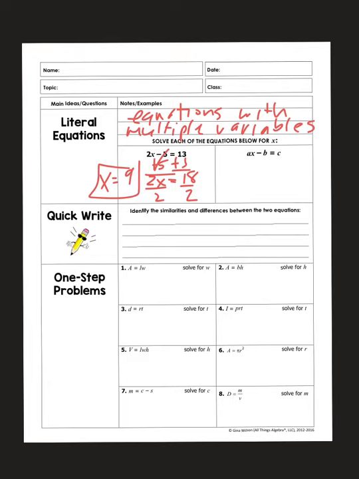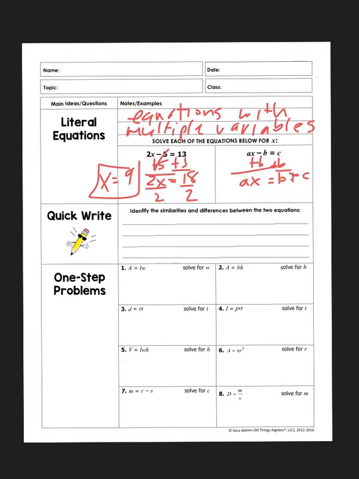Now I have this thing with nothing but letters or variables. And if I'm solving for x, I still need to do the same thing. I need to isolate the variable. So I got to get rid of b. Okay, so I bring down ax. Now, on this side, b and c are not like terms, so I cannot combine them, but I can write them beside each other, b plus c.